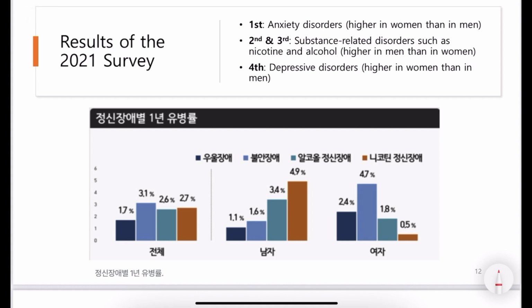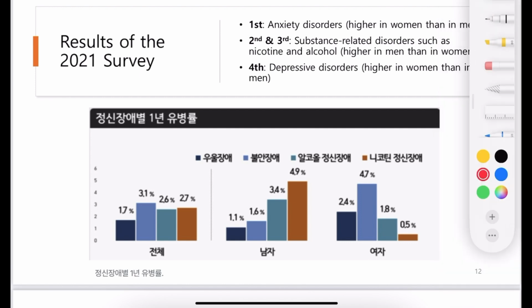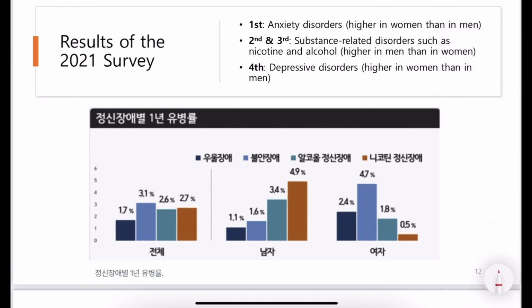Next, let's look at the graph showing different types of mental disorders. Overall, the most common disorder is anxiety disorder. If we compare men and women, we can see women have a higher rate than men.